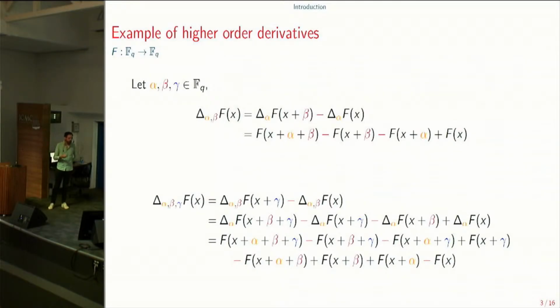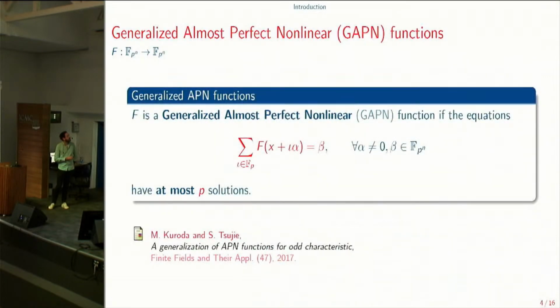So we had to look for other criteria. A very nice generalization from Kuroda and Sujie is to say, we're not going to look at APN functions, because when the characteristic is odd we have PN functions anyway, so APN functions are a little less interesting.